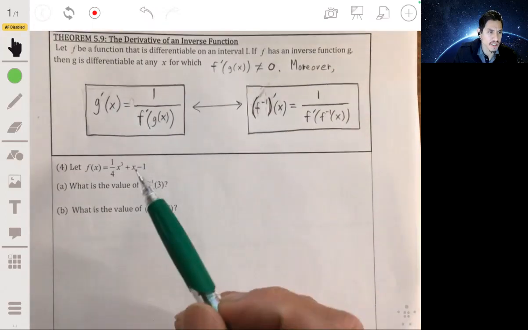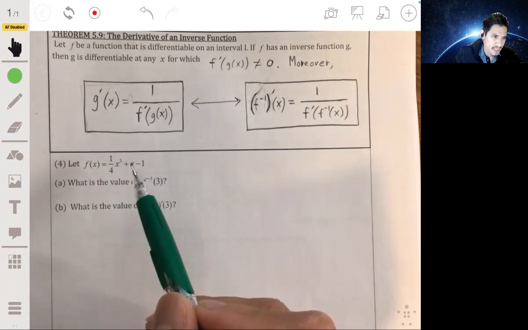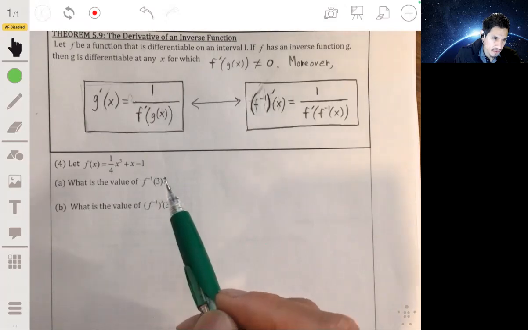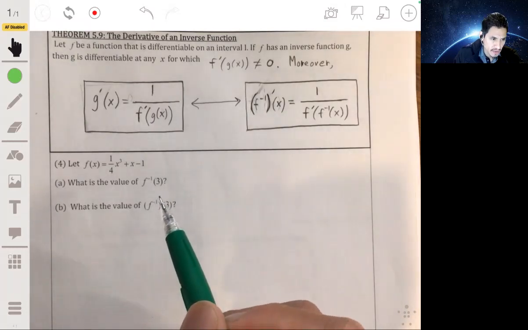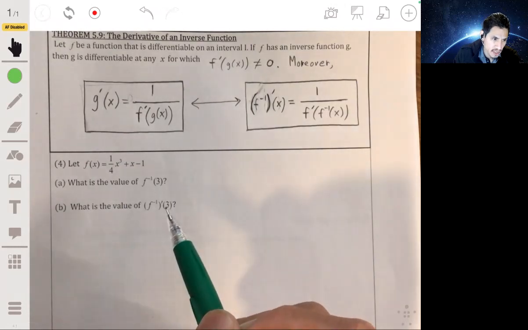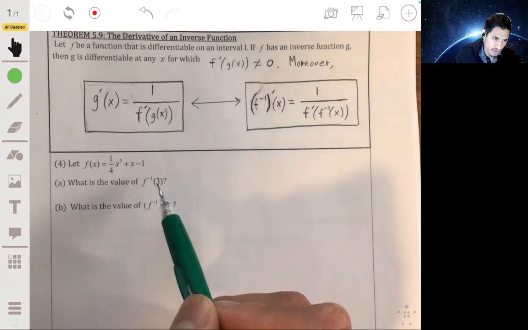So let's say we have our function f being equal to 1/4 x cubed plus x minus 1. And we're going to find what the value of f inverse of 3 is, and then what the derivative of the inverse function of 3 is. So let's first look at A, where we have to find f inverse of 3.